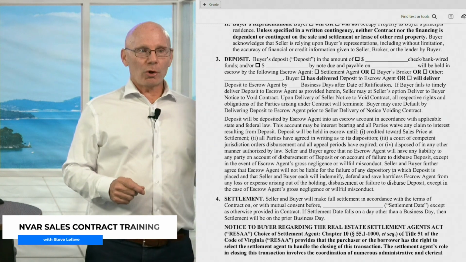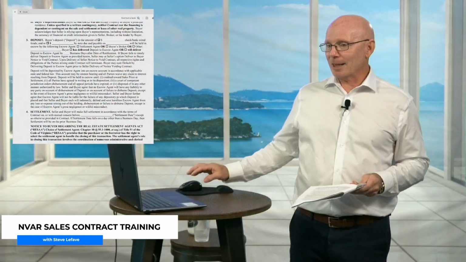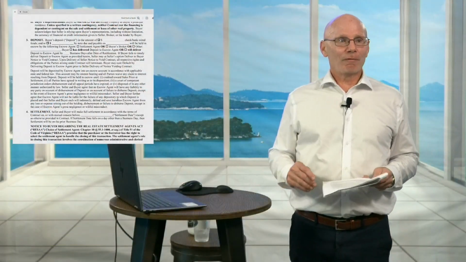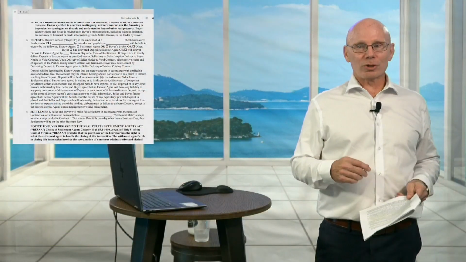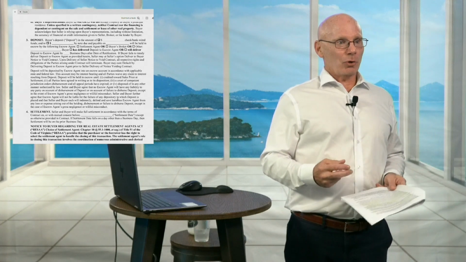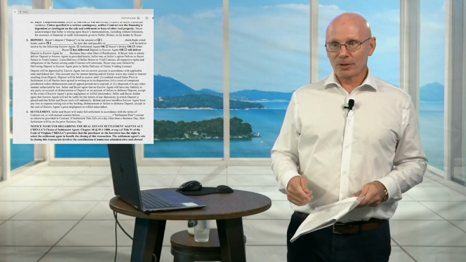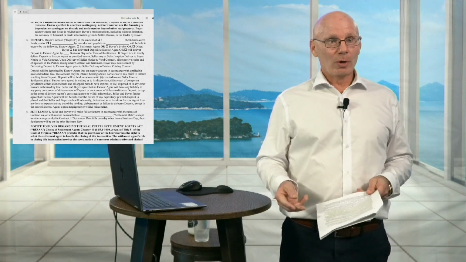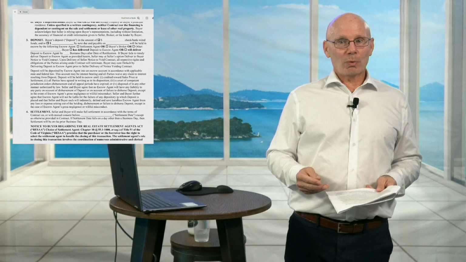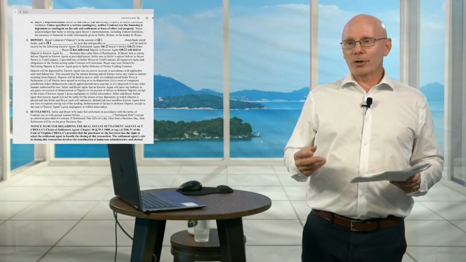So only those 4 ways that I just described are the only ways that the money can be dispersed either back to the buyer or to the seller. So if your contract goes into default status, there's a whole section on default, right? That's another paragraph.